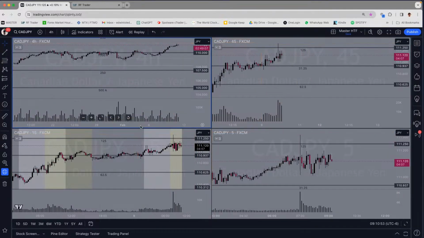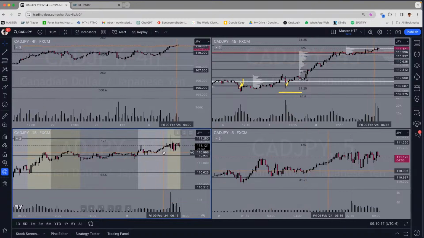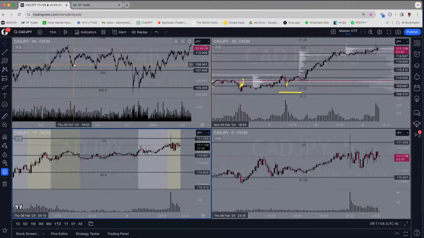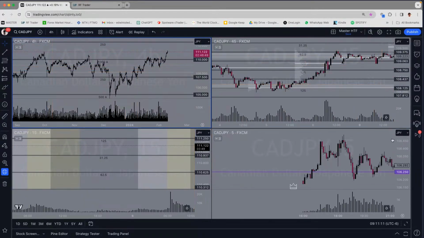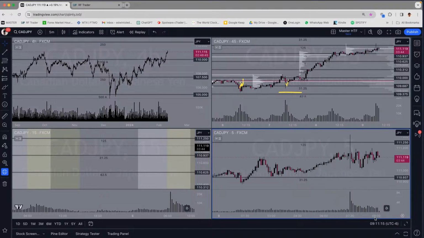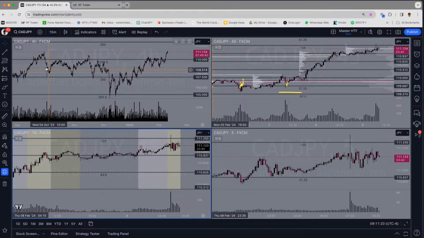Let's just keep going. But CAD JPY, the candle is present, but not immediate. Oh, look at this one! Wow, CAD JPY is at a very nice place to try to enter a trade. I think we are selling CAD JPY 0.32.